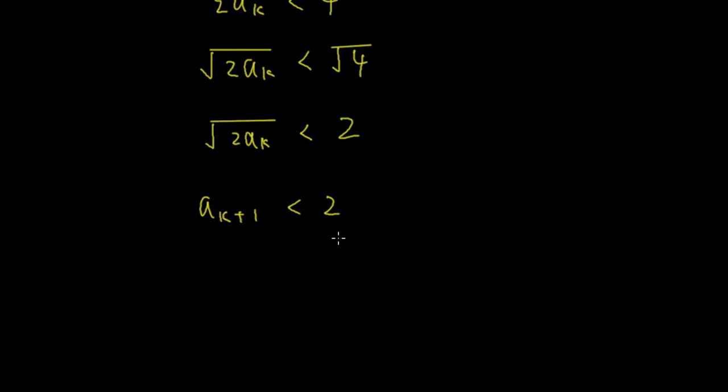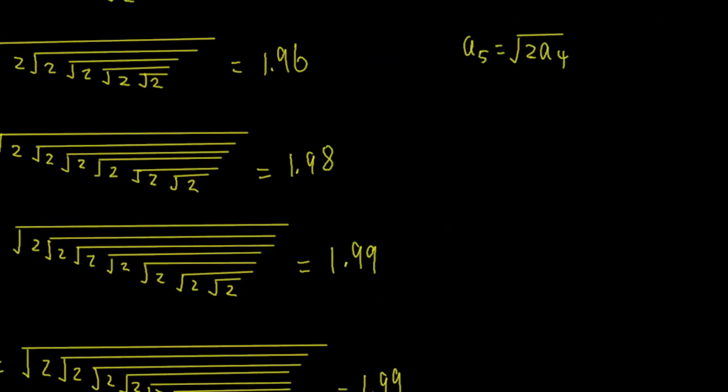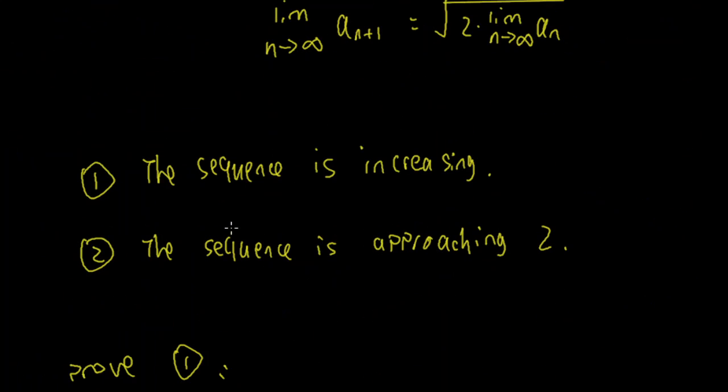So we're saying that, okay, for n equals k plus 1, then we just show that a sub n is less than 2 for all n. Okay, that means we just proved that statement 2 is true as well. Okay, so we just proved that both of these statements are true.